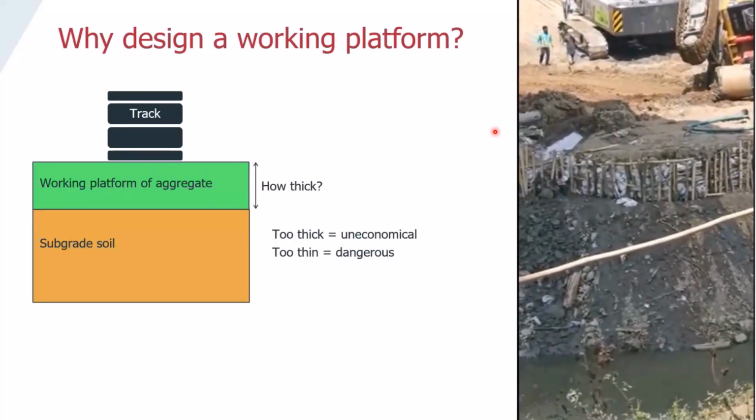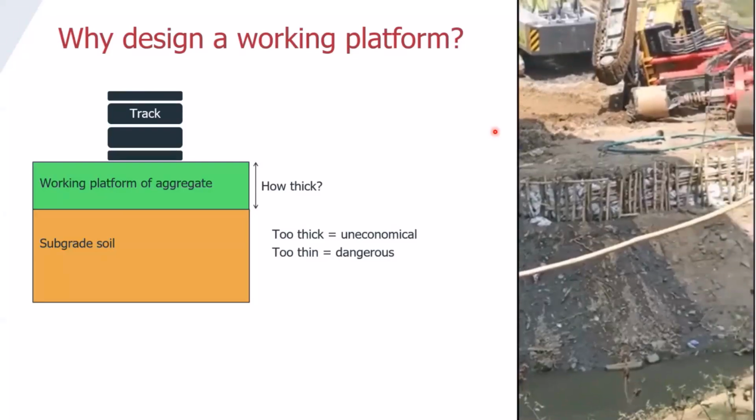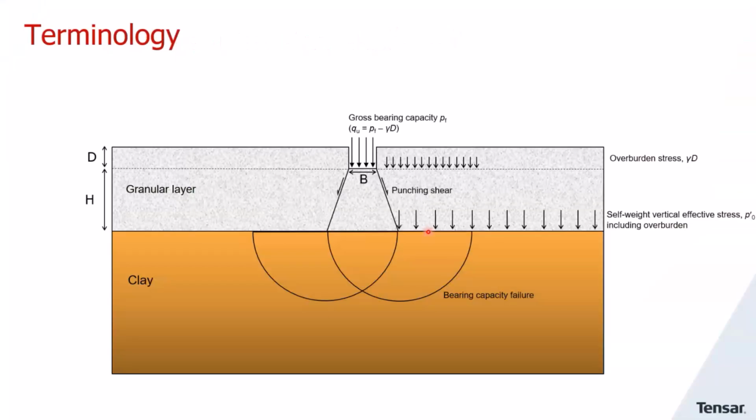Now this video illustrates how easy it can be for a crane or a piling rig to lose equilibrium and tilt over. So the main reason for us as engineers is to ensure that we have an aggregate working platform that is not too thick and not too thin, because too thin will be too dangerous and too thick will be uneconomical.